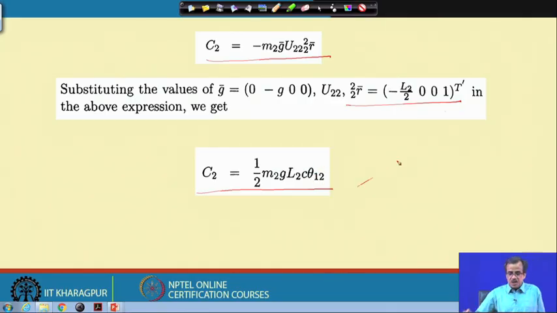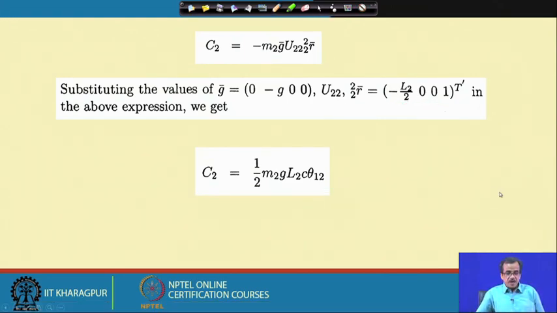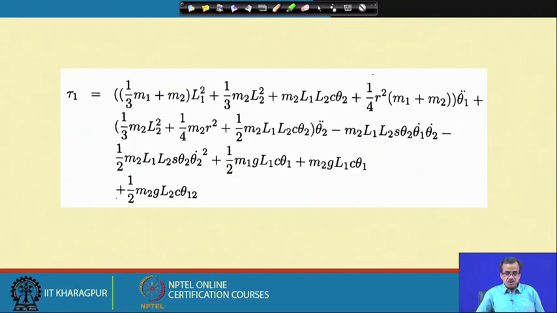So, this expression you will be getting for C 2, and once you have got this C 2, now we are in a position to write down the expression for the joint torque.